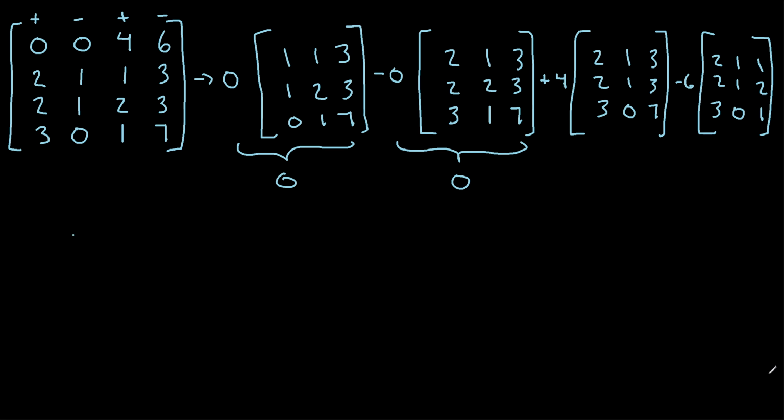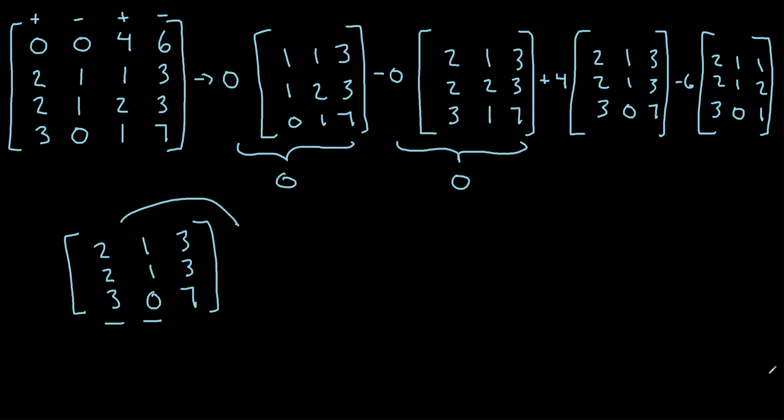So if we have 2, 2, 3, 1, 1, 0, 3, 3, 7. To find the determinant of a 3x3 matrix, we can use a cool trick where we rewrite these first two columns on the outside of the matrix. So let's do that. So we get 2, 2, 3, 1, 1, 0.